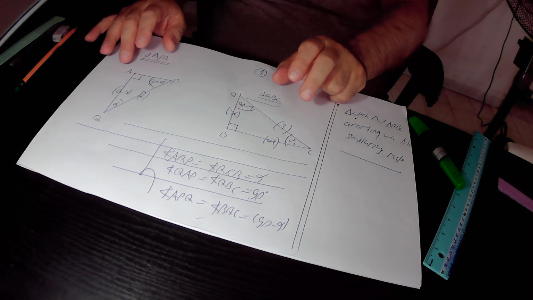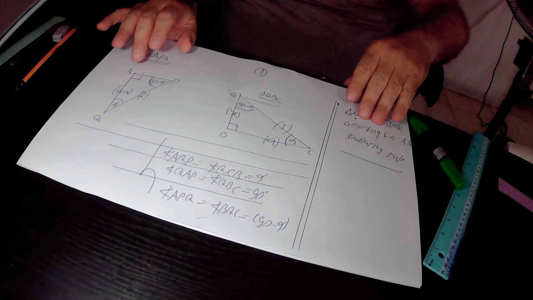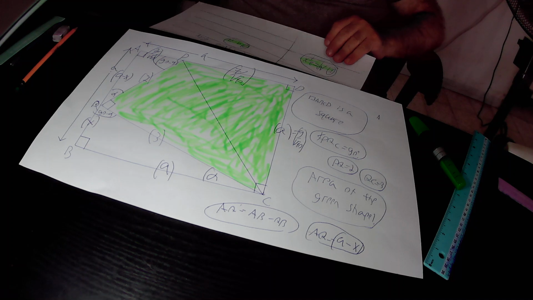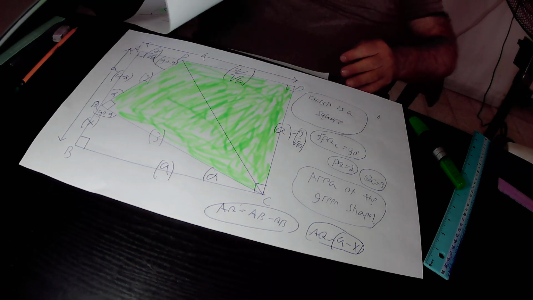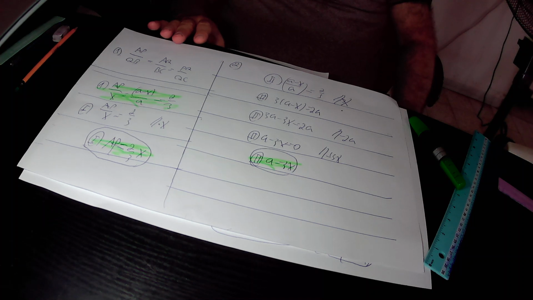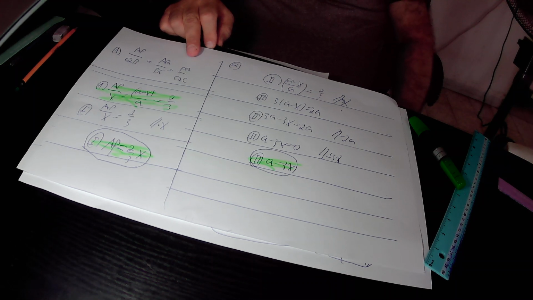And from the fact that those two right triangles are similar to each other, we derive that the following relationship exists between their sides. We derive that side AP in the right triangle APQ over side QB in the right triangle QBC equals side AQ in the right triangle APQ over side BC in the right triangle QBC, and it is also equal to side PQ in the right triangle APQ over side QC in the right triangle QBC.